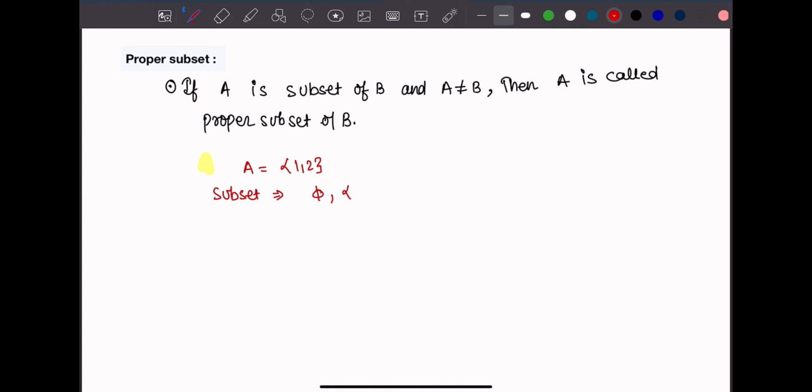Subsets we are getting 4: phi, {1}, {2} and {1, 2}. So if I have to write proper subset, proper subset is nothing but phi, {1} and {2}. No need to include {1, 2}. That's why I wrote here that if A is subset of B, then A is not equal to B. No need to include the set itself.